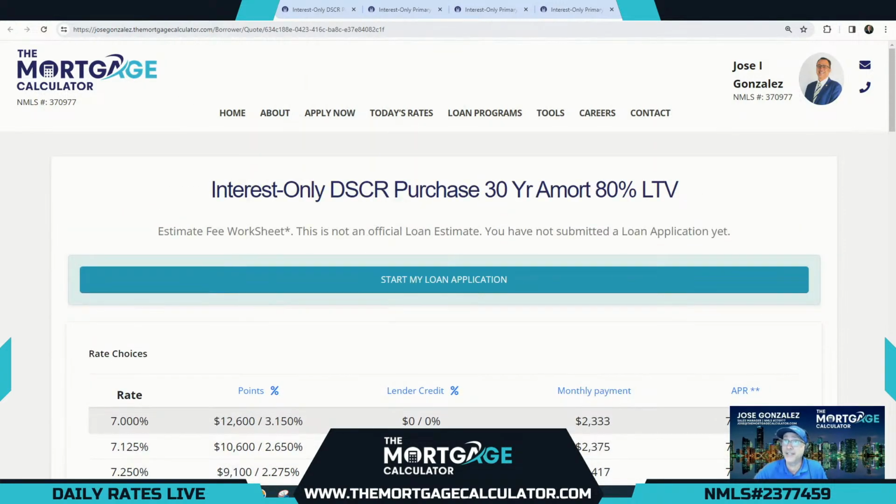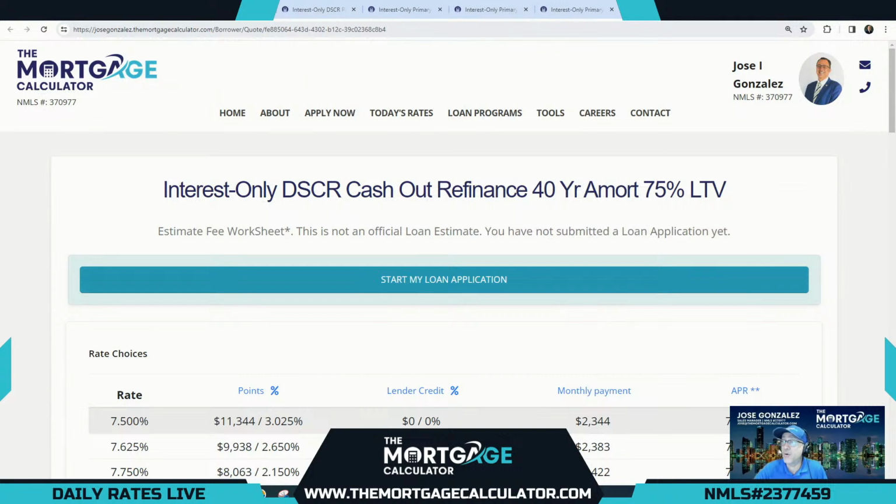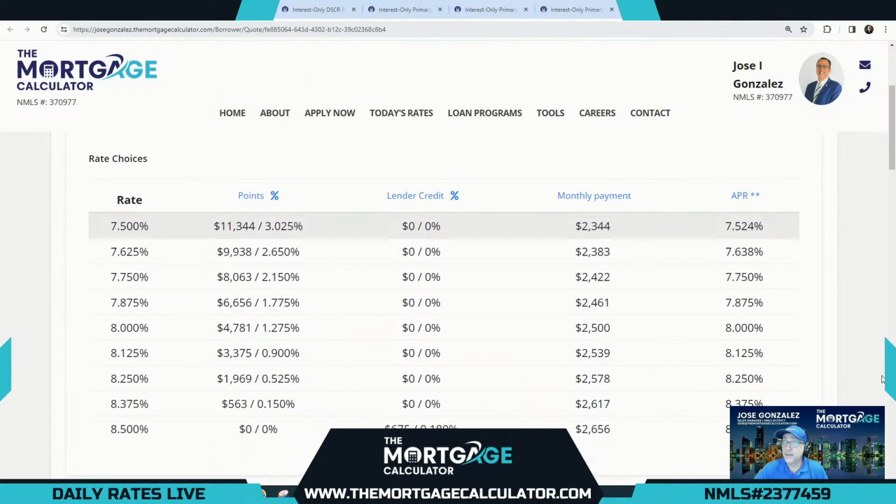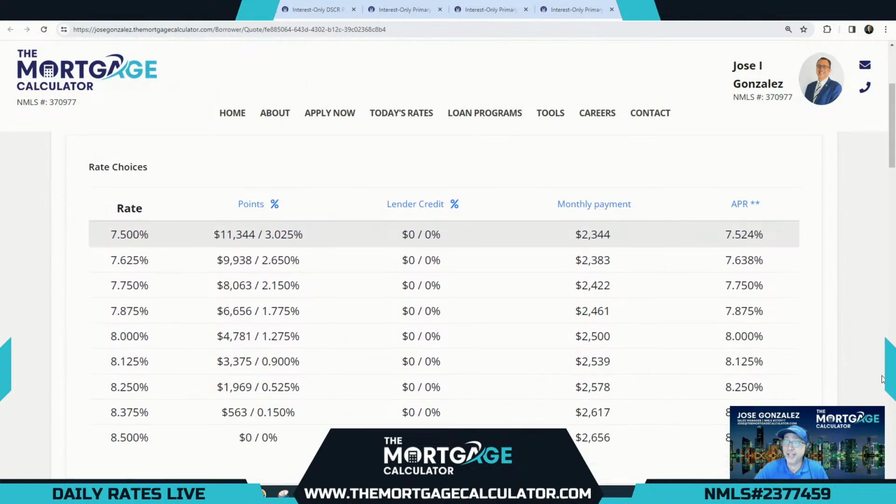That is amazing. And for our last option here, a nice interesting combination for an interest only DSCR cash out with a 40-year amortization. Wow, that's a tongue twister for all of the components of this loan. But what's even better, look at those rates.